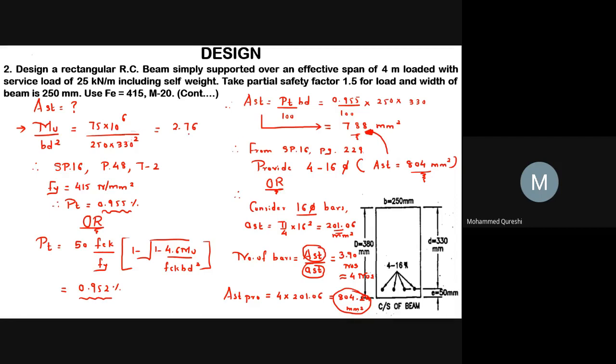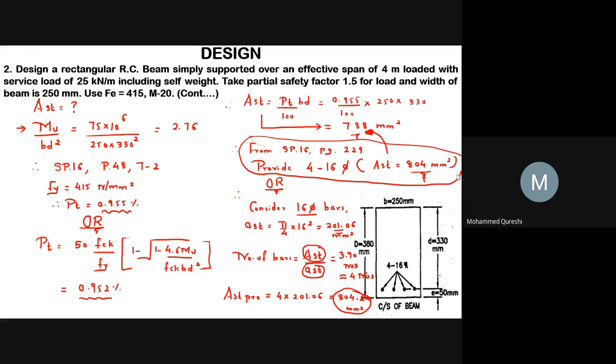I would prefer that you will go for SP16 page number 229 only, as this method will be less time consuming. You may easily get the numbers as well as the dia of the bars.